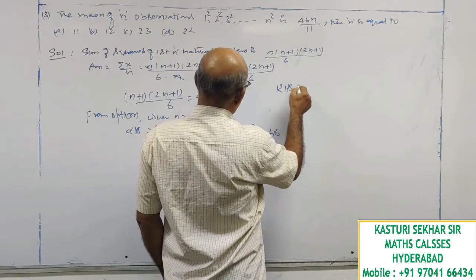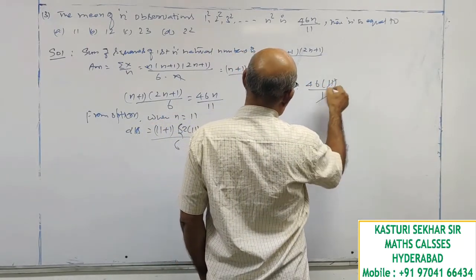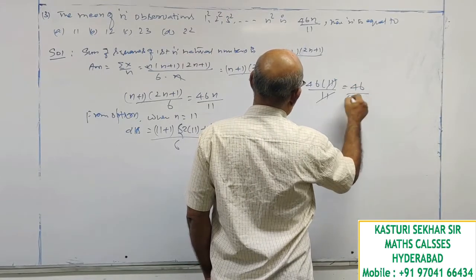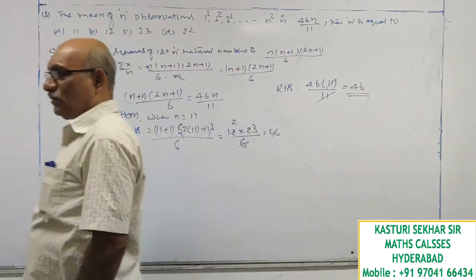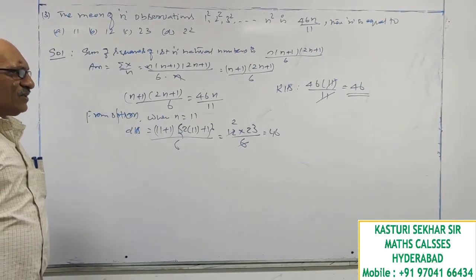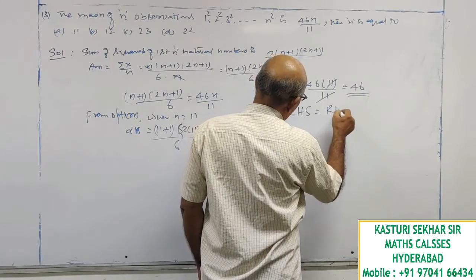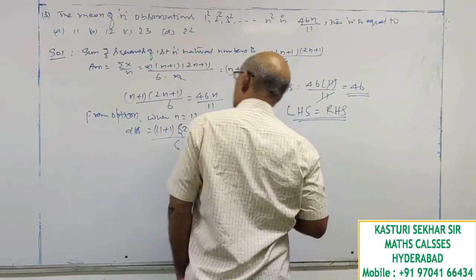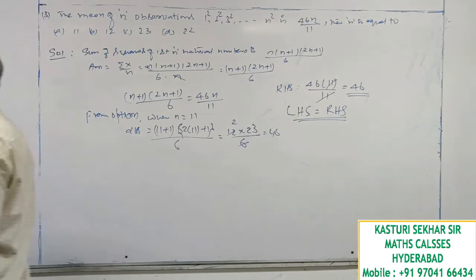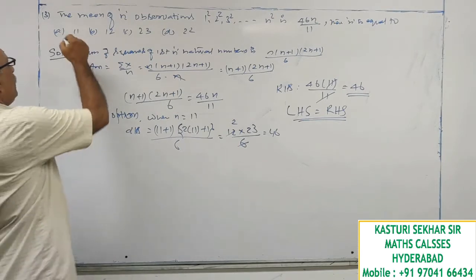Let us see RHS. 46 into 11 by 11. This is 46. 11 by 11 cancel. LHS is equal to RHS. So n is equal to 11 is the answer.